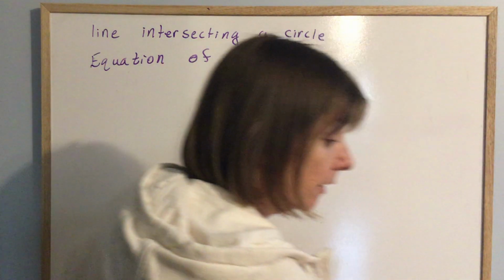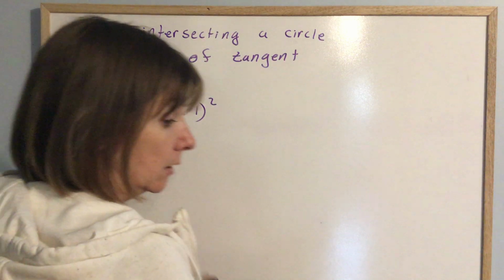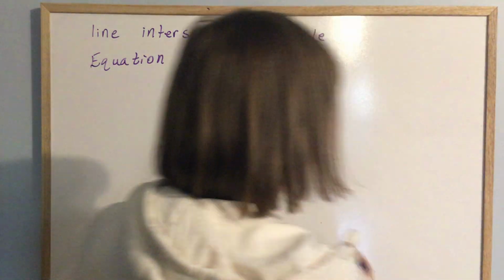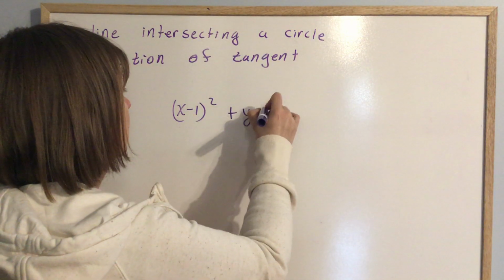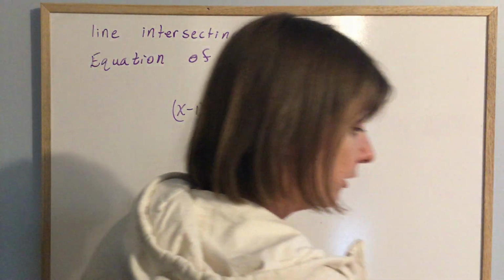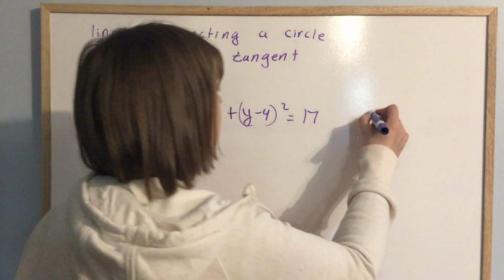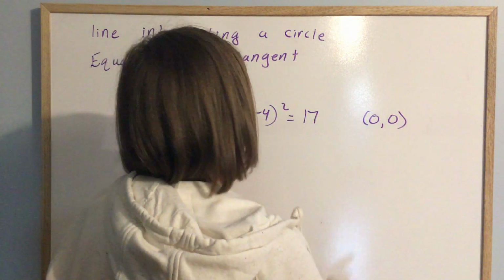So say x minus 1 squared plus y minus 4 squared is equal to 17 at the point 0 and 0.